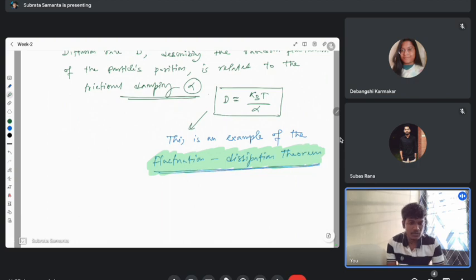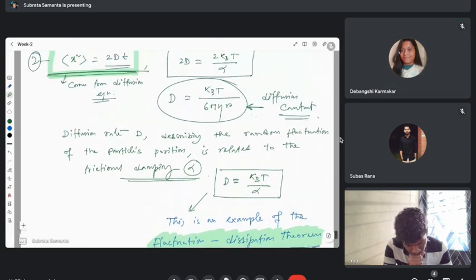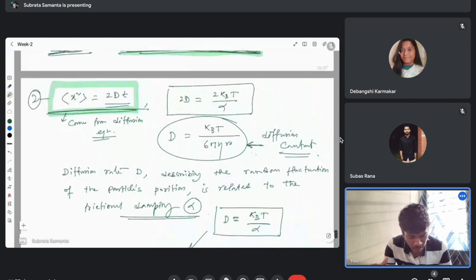Okay, so this point is understood. This is a very important concept: how the fluctuations and the dissipation are related. In the previous class we calculated from the diffusion equations, took the average, and ended up with these equations.